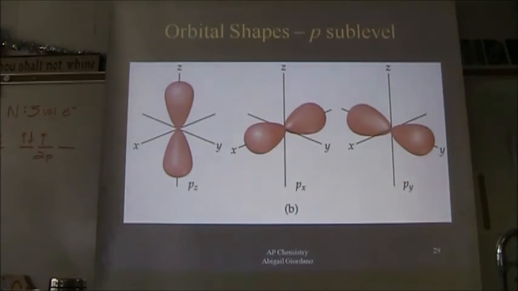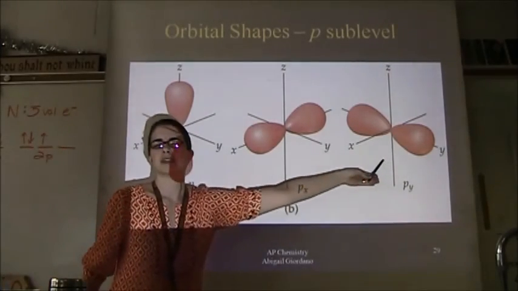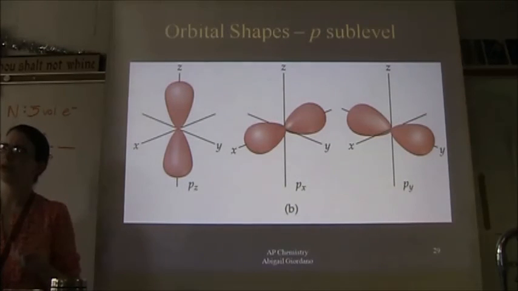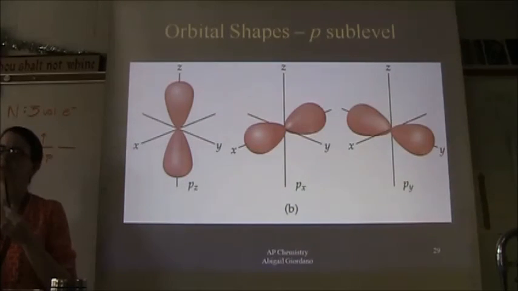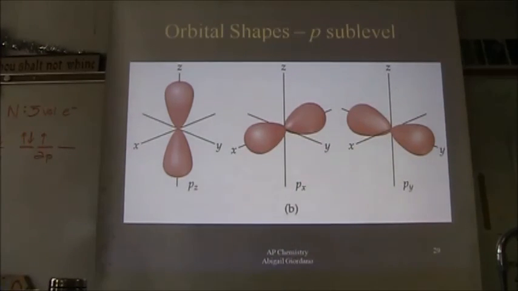Can you guys tell me, why does this slide have 3 pictures when the previous slide only had 1? What is it that an S sublevel only has 1 of, that a P sublevel has 3 of?